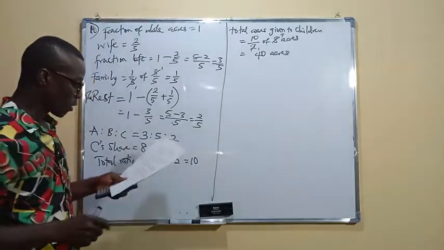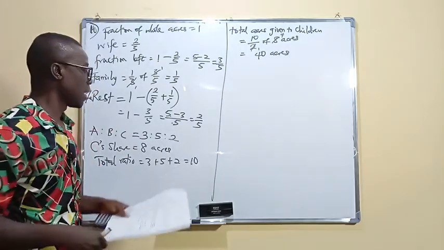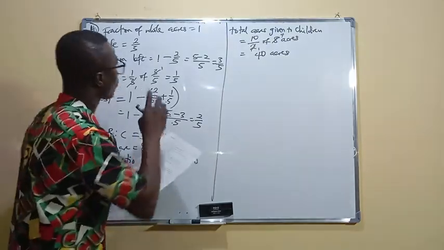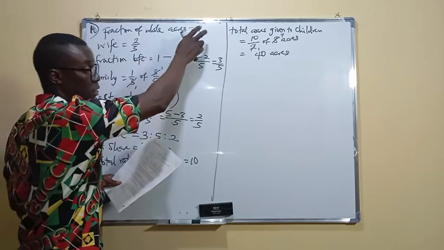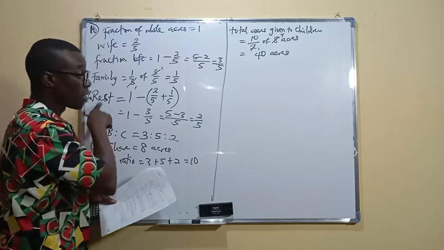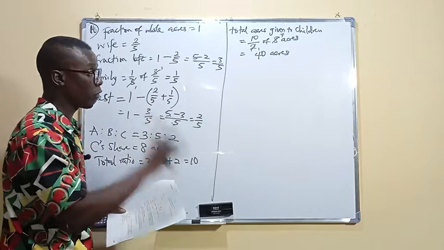Now, the question says we should calculate the total acres the man left. There's another trick again. We know that the fraction of the whole acres is 1, and we can see that the fraction given to the children to share is 2 over 5.